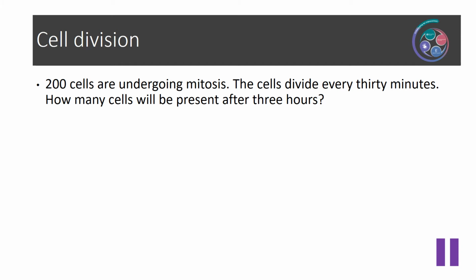So remember your steps. Look at your starting value, 200 cells. Look at how often it divides. Now it divides every 30 minutes. And how many cells will be present after 3 hours? So how many times does 30 minutes go into 3 hours?